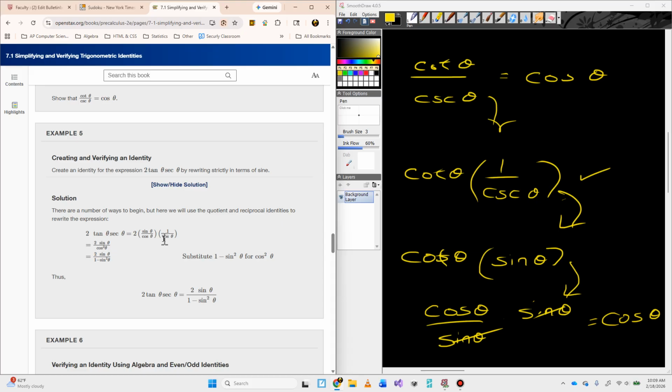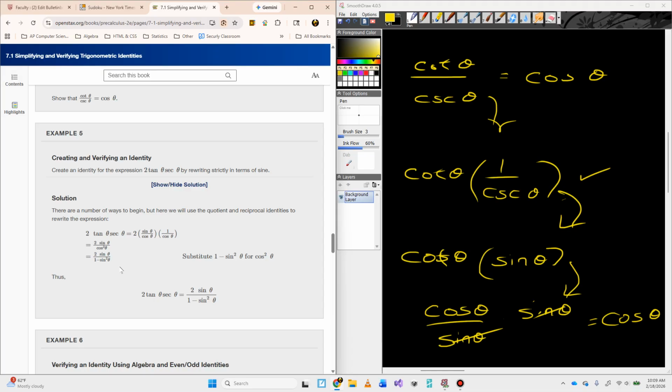Well, that's a bit of a problem. What can I do there? Again, you could look at what's going on the bottom there. They rewrote cosine squared theta as 1 minus sine squared theta. Again, you're asking yourself, is there some identity that I can use on cosine squared, because that's the only one that's left here, that's going to leave me with sine?